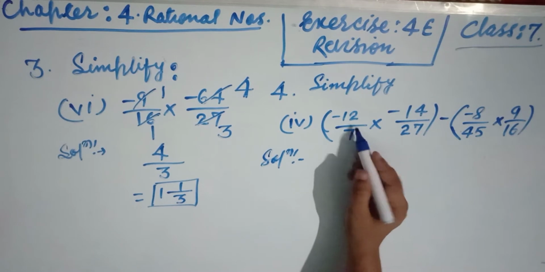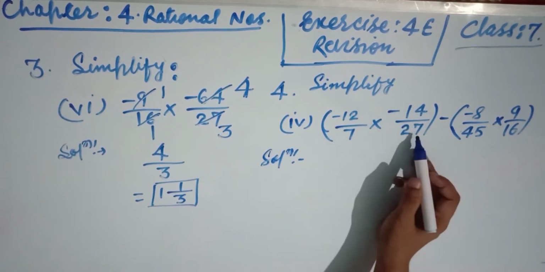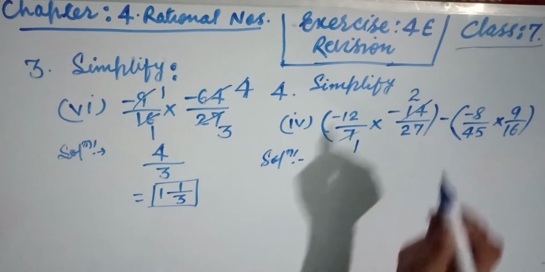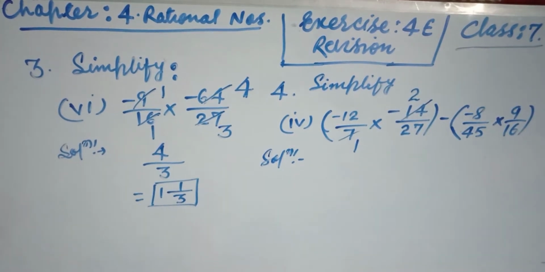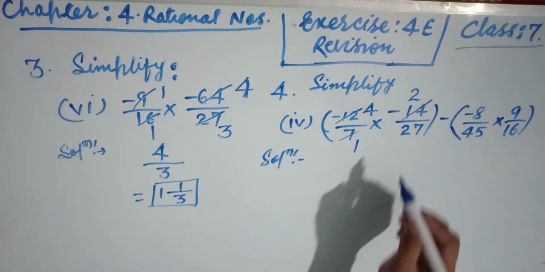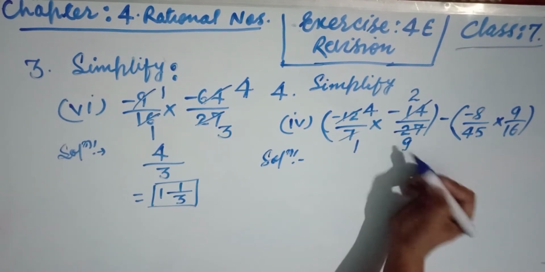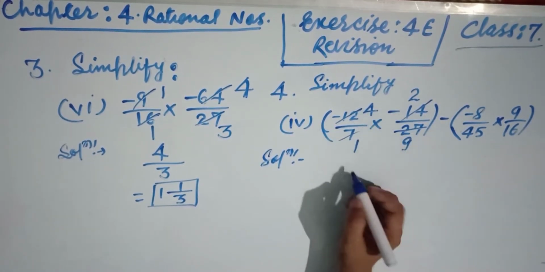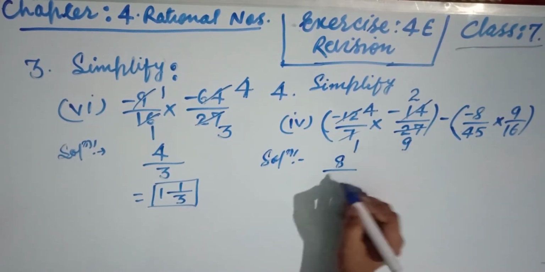Here are all the numerator terms and denominator terms. This will get 7 1 ja 7 and 7 2 ja 14. So 3 3 4 ja 12 and 3 9 ja 27. Now minus into minus plus, 4 2 ja 8, and this is 9 1 ja 9.